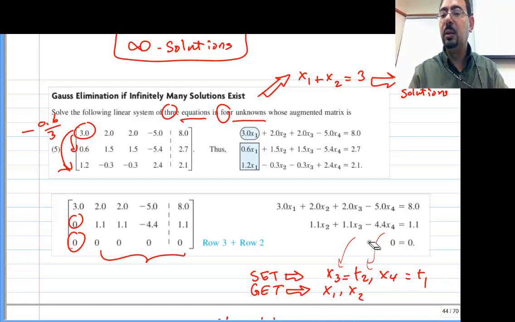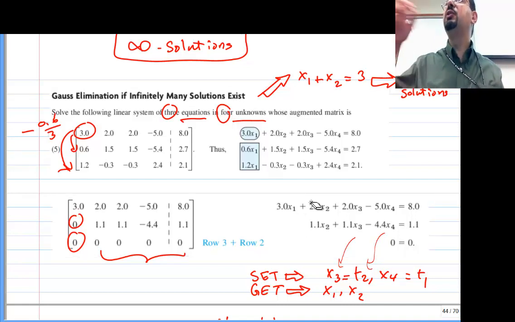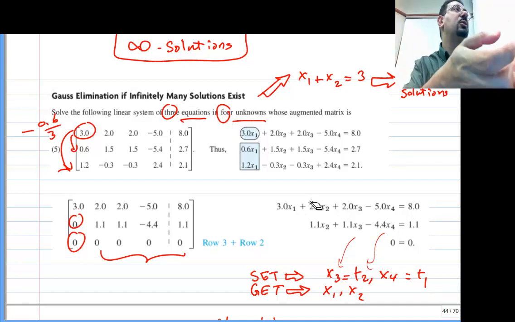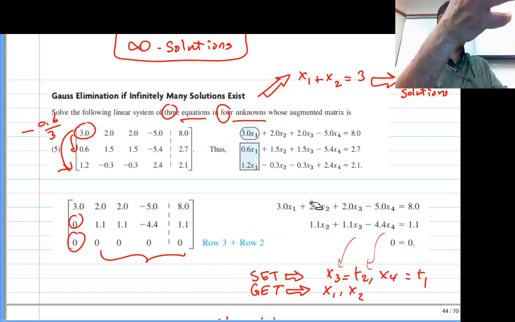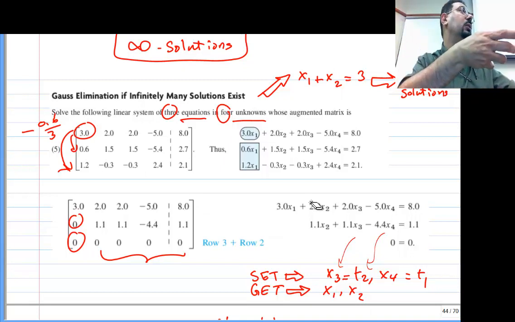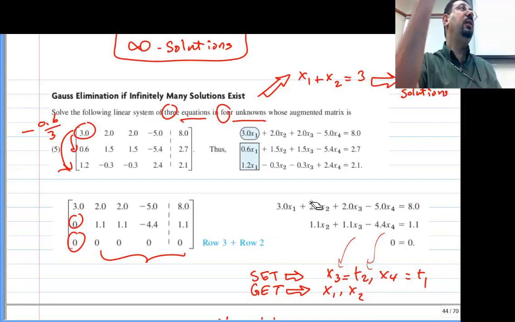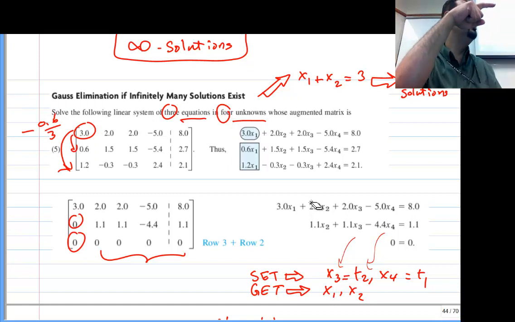Then having T1 and T2, from the second equation you can get x2, and from the first equation you can get x1 in terms of T1 and T2. So you basically give him the solution with 2 knobs, T1 and T2. Now he can put T1 and T2 any value he wants, 1 and 0, 0 and 1, minus 1 and 0, any vector that he wants, and he will get a solution in this 4 dimension. Okay?